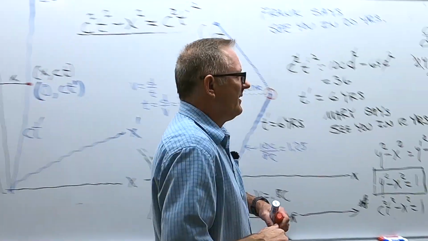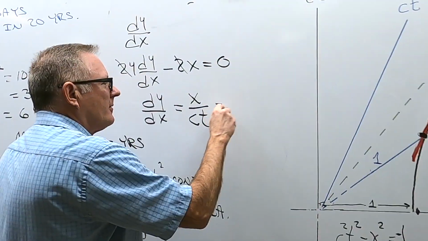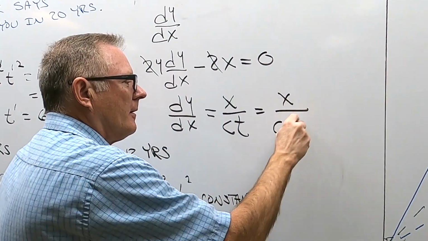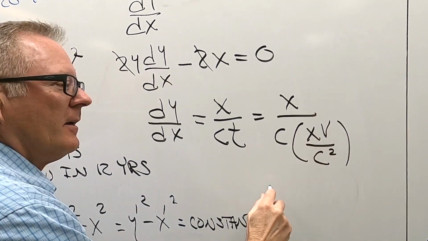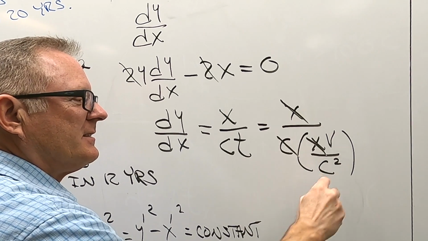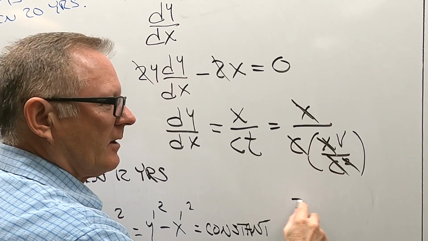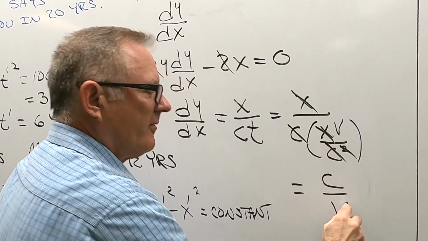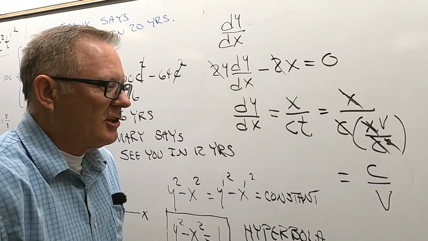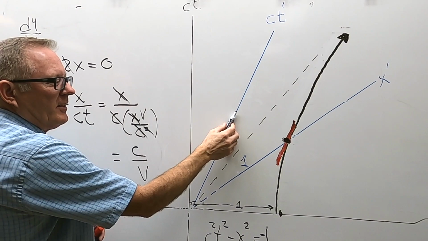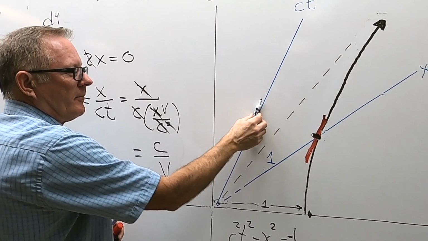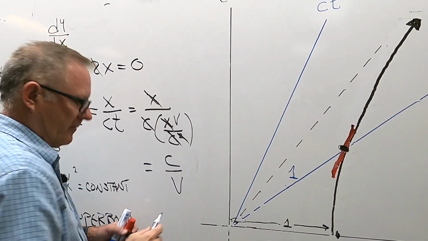So let's replace our t with xv over c squared. The x's drop out, one of the c's drops out, and this becomes c over v. So the slope of this is the same as the slope of this, which was c over v. Remember we said the slope of this is c over v.